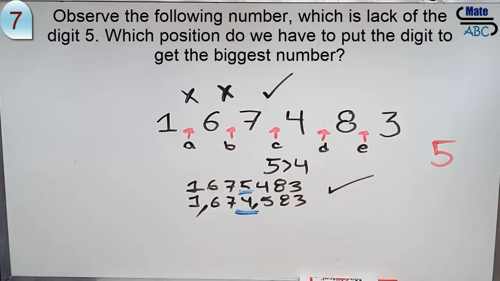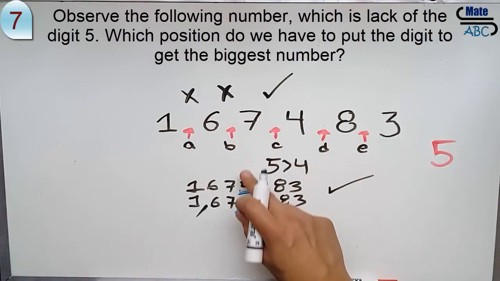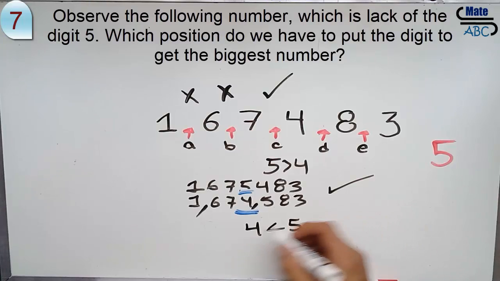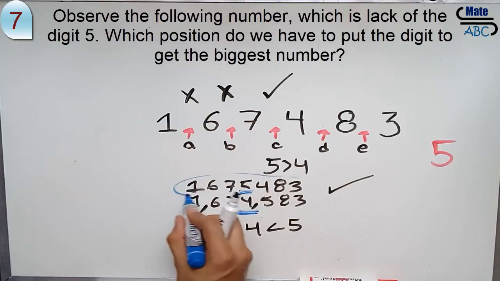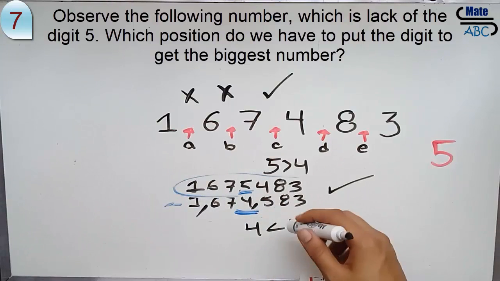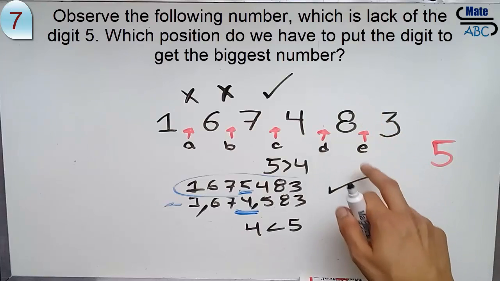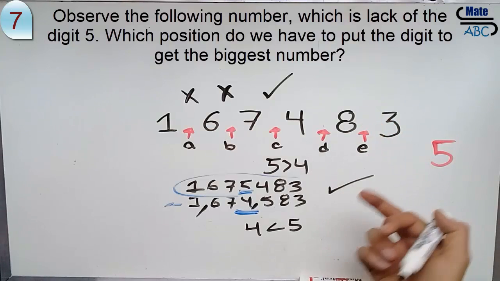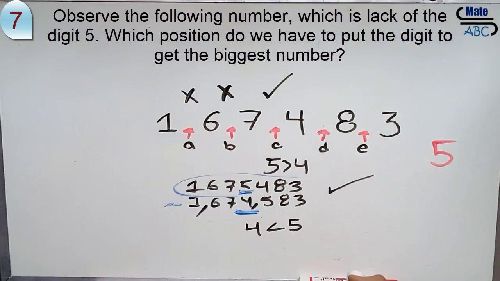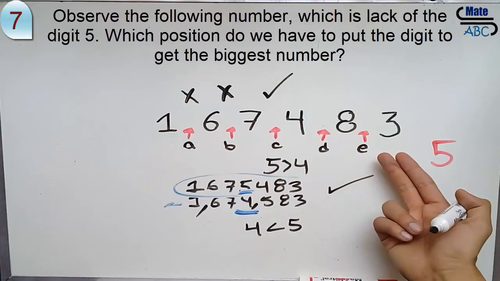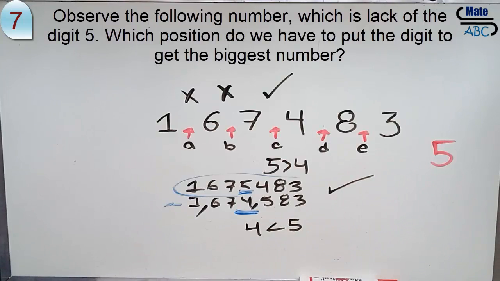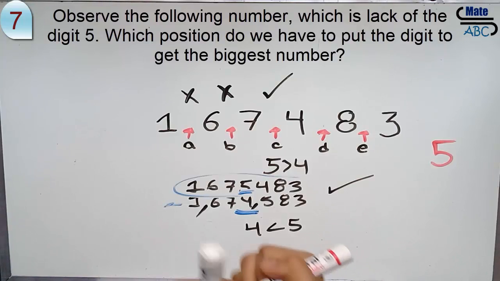By the same reason, 4 is less than 5, so in this position, this number is greater than this. If we apply this reason to this position, the letter E, we have the same result. So that's why this position, the position C, is the correct answer.